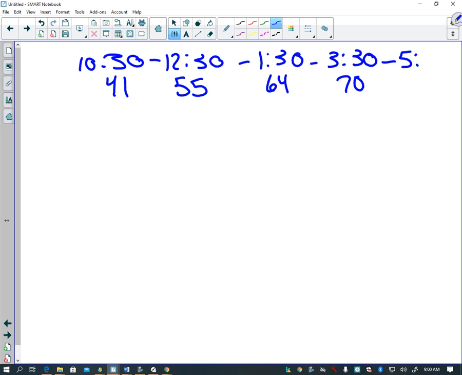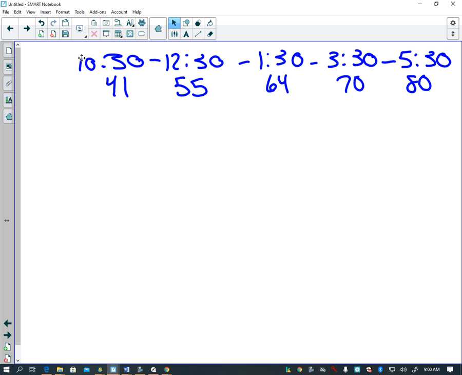Is 5:30 the last one? 80. Okay? All right. So I noticed a couple of things here that I don't know if you notice or not. Notice from 10:30 to 12:30. Does anybody see what's skipped in there? There's no 11:30, right? So this is a difference over 2 hours, right?